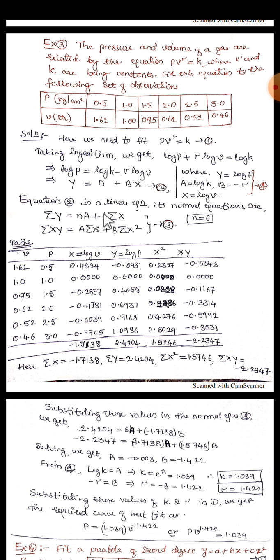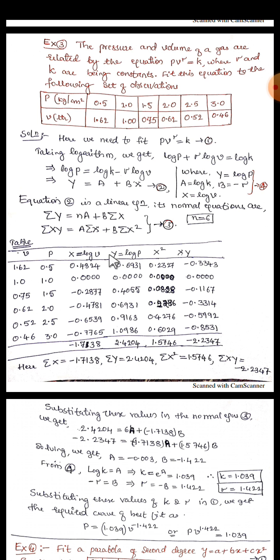To find the values of A and B, we need to construct the table. We know how to construct the table. The first two columns are for the given data. Next, in the normal equations, the summations are for capital letters, and we find these capital letters by substitution.